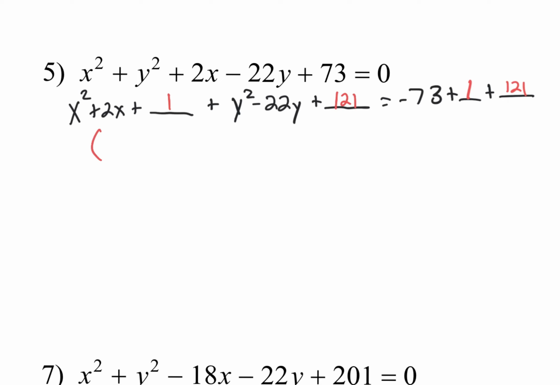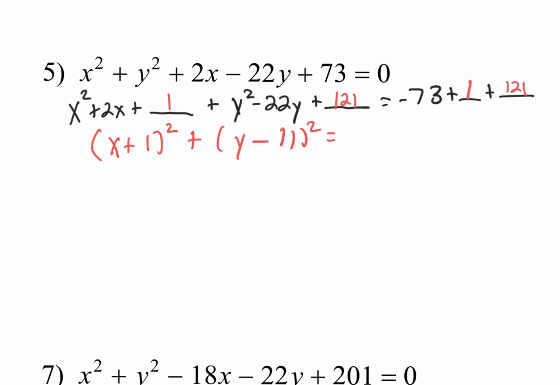First one factors into x plus 1 squared. Second one is y minus half of 22, which is 11, squared.